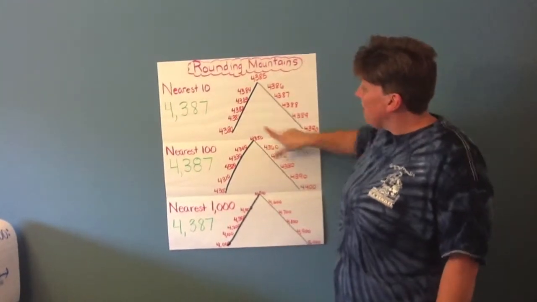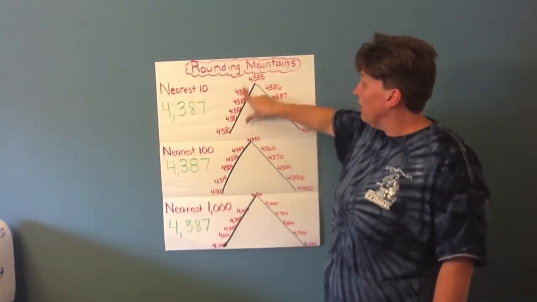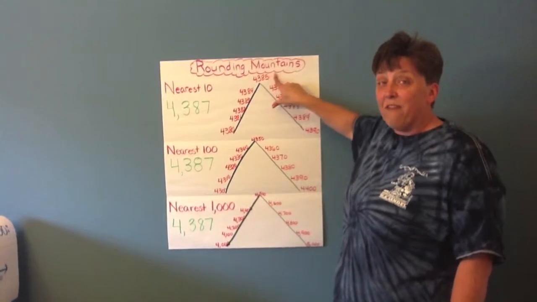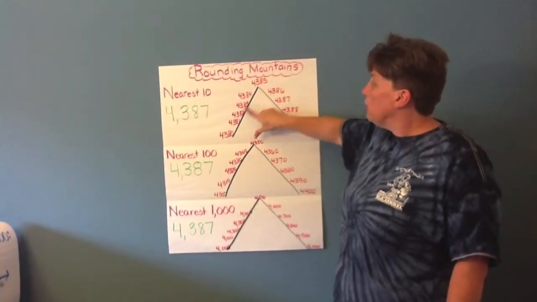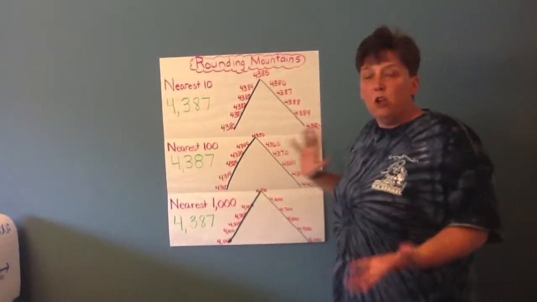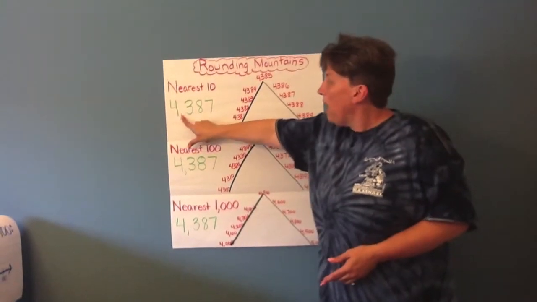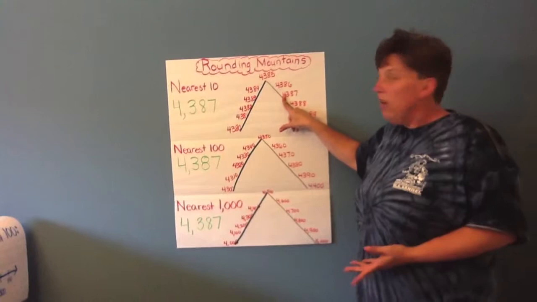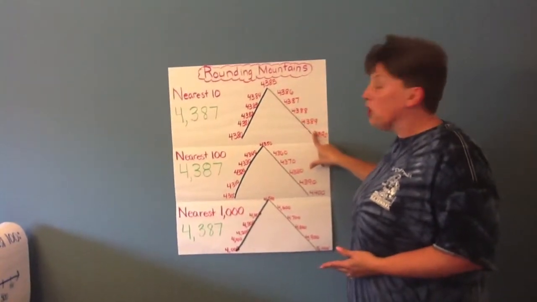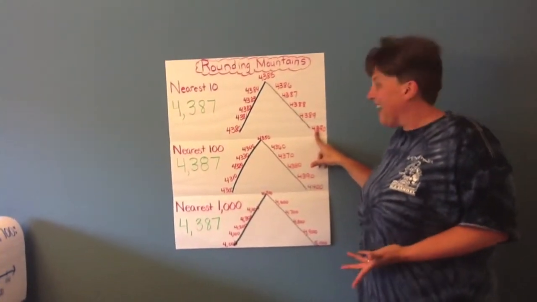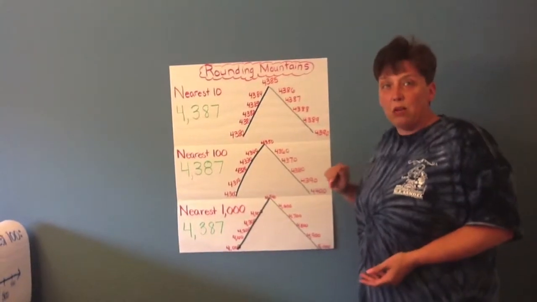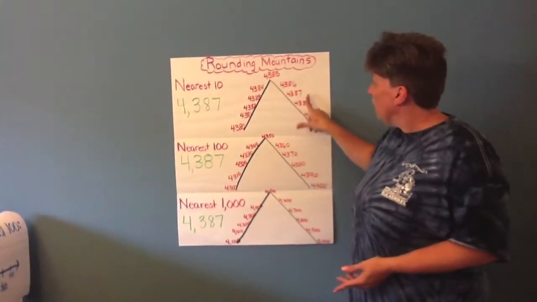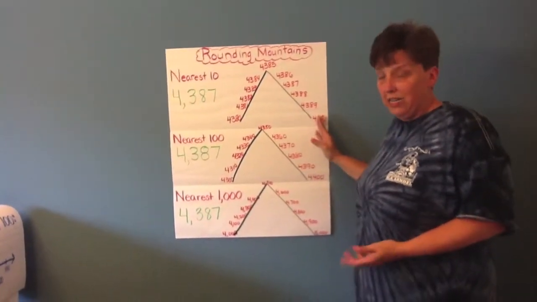On the mountain I put 4,381. Notice I put 4,385 at the top, because you need to find out where your number falls. So when we plot 4,387 on the mountain, you're going to see that it's closer to 4,390 than it is to 4,380. So it would round to 4,390.